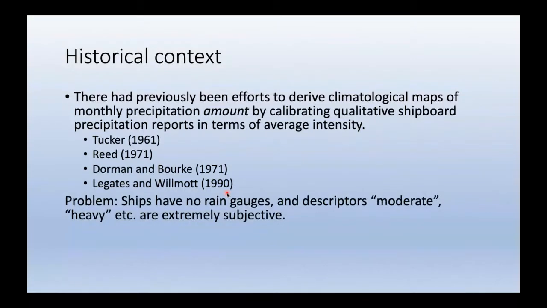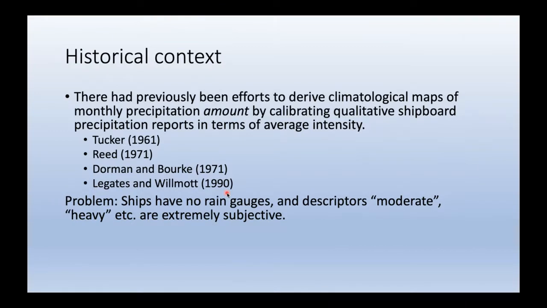The ships have no gauges, so there's no way to directly measure the amount that's falling, or even to calibrate the quality of descriptors. And descriptors like moderate, heavy, etc., are extremely subjective. Somebody who lives in the tropics probably has a different idea of what heavy rainfall is than somebody who lives in, say, Alaska.